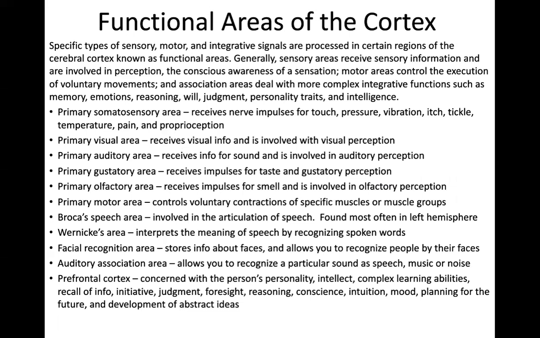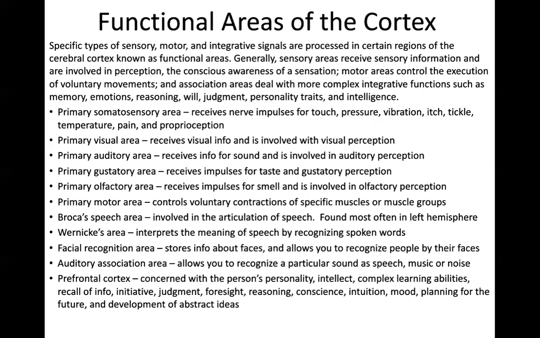Functional areas of our cortex. So let me read through. Specific types of sensory, motor, and integrative signals are processed in certain regions of our cerebral cortex known as functional areas. Generally, sensory areas receive sensory information and are involved in perception, which we know is the conscious awareness of a sensation.